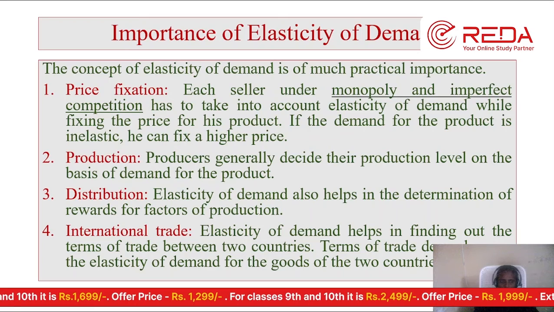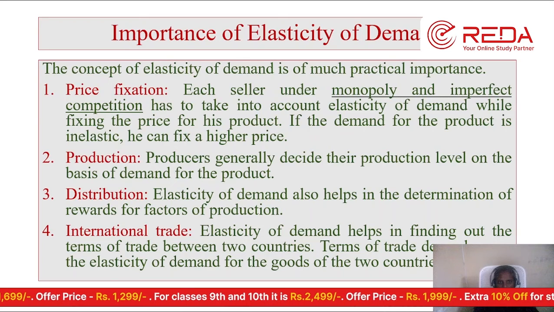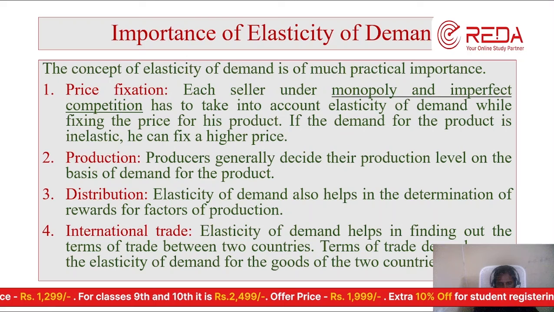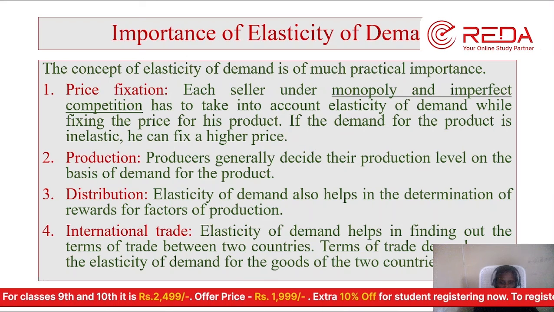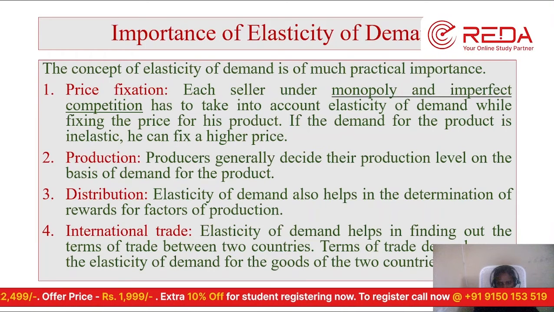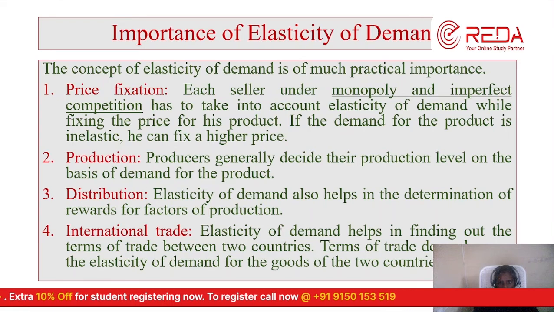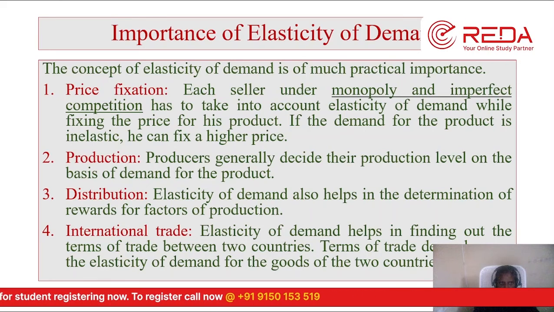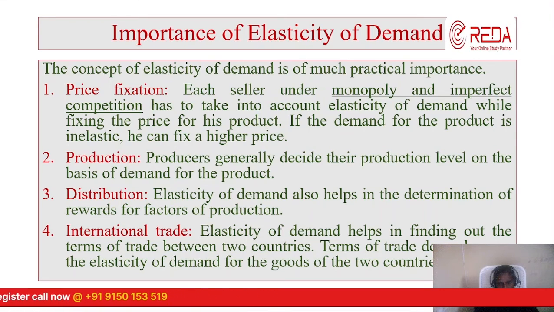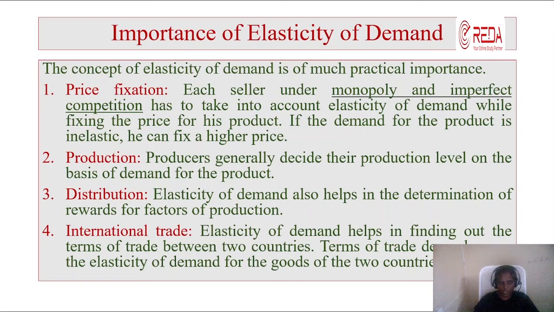So you see monopoly, imperfect competition, and perfect competitive market. These are the various types of markets. Specifically for the monopolist or the sellers in an imperfect competition market, price fixation depends upon the elasticity of demand. What is monopoly?